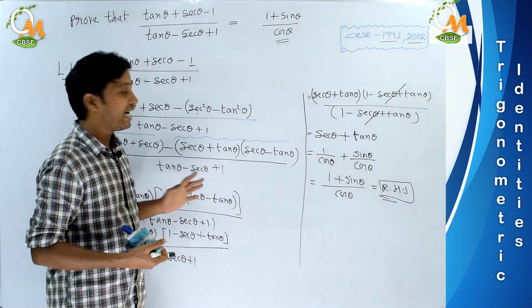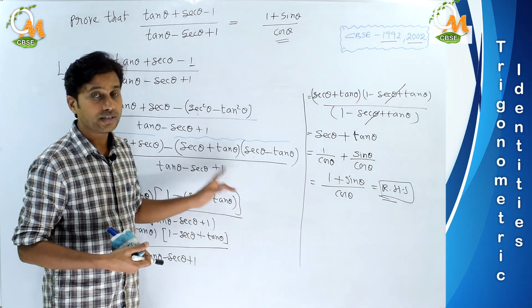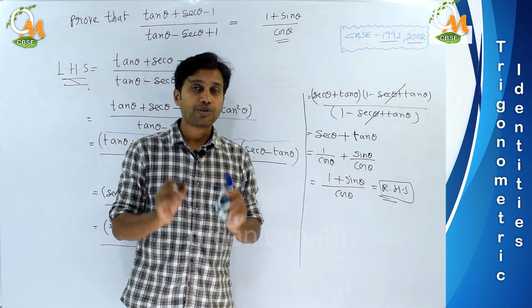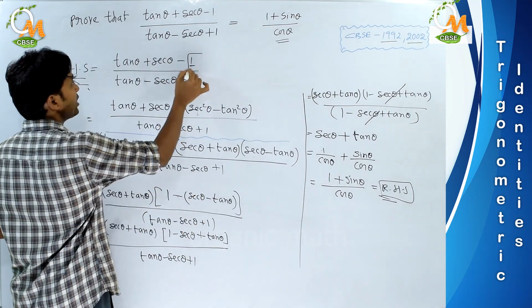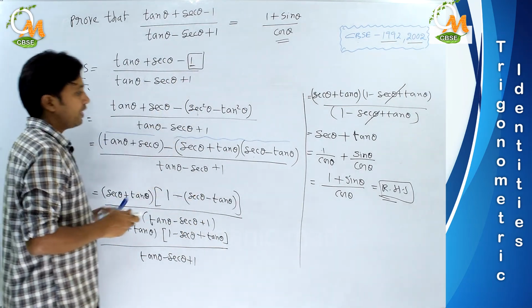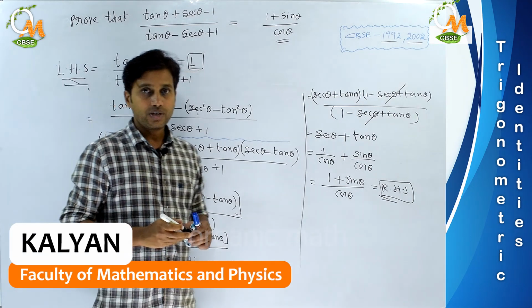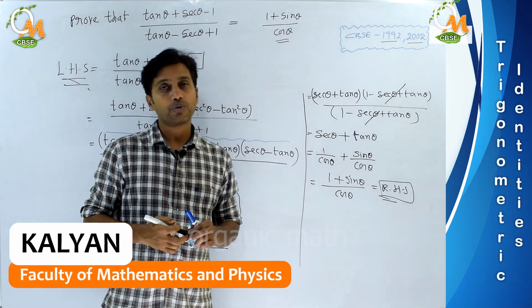Using trigonometric identities we are solving all this. And what is the key point to answer this question? Yes, this one is playing a key role so that you can obtain the answer. This is the only way to do this problem.